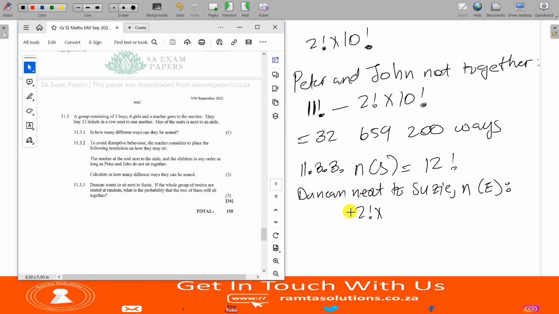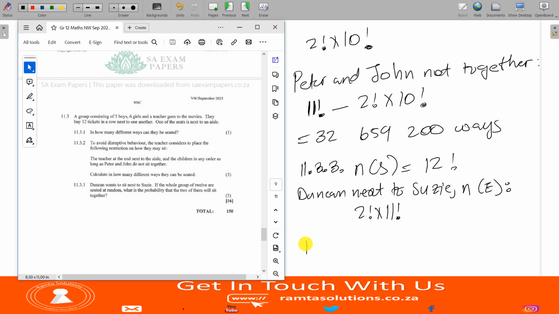Now, 2 of the students are out. You are left with 10 because they were 12. Now, remember, we are not told on which particular chairs they should sit. They are just seated randomly, but these 2 must sit next to each other. So it will be, instead of 10, it will be 11 because it doesn't matter where they are seated.